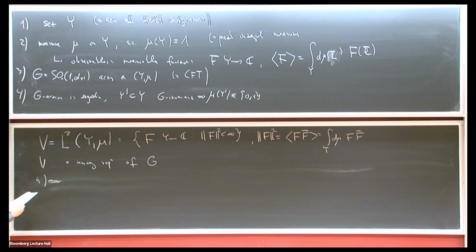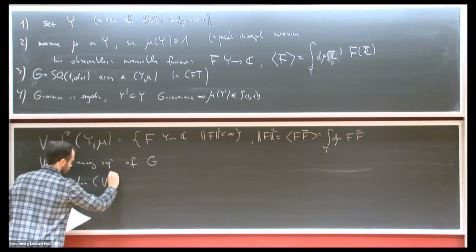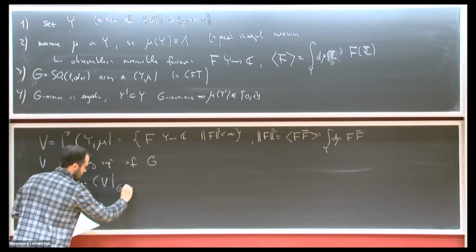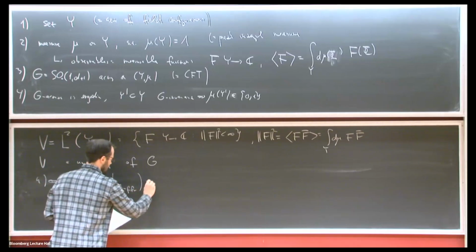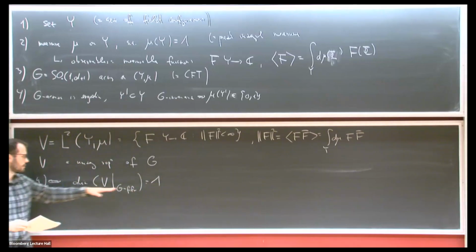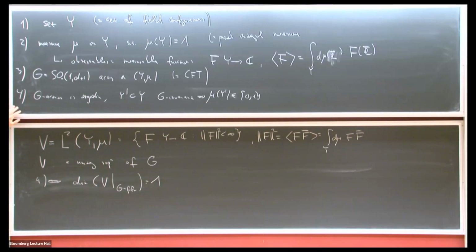So you can write it as the statement that the dimension of the subspace of V which is G fixed is 1, and these are just the constant functions. So this is just the multiples of identity. By the way, I didn't say that, but this property 4 is there to ensure that the Lorentzian Hilbert space has a unique vacuum.